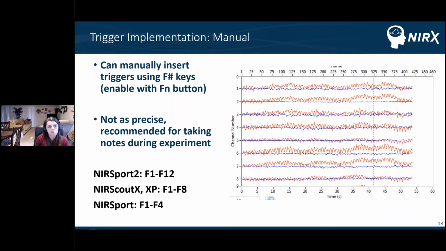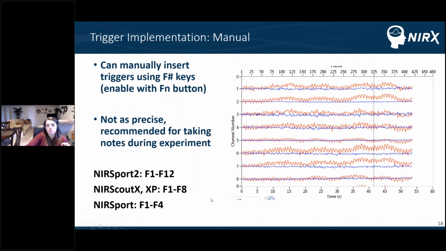Okay, and then I just want to mention manual triggers as well. With NIRx devices, it is possible to insert triggers yourself as the experimenter using keys F1 through F12 on your keyboard. Specifically for the NIRSport 2; our other devices accept F1 through F8.